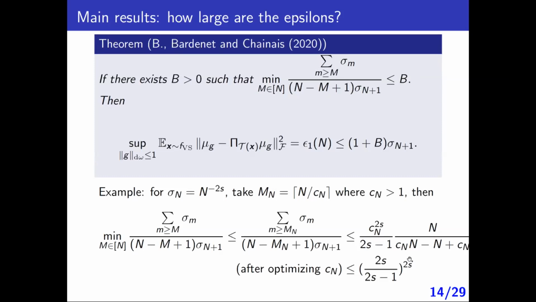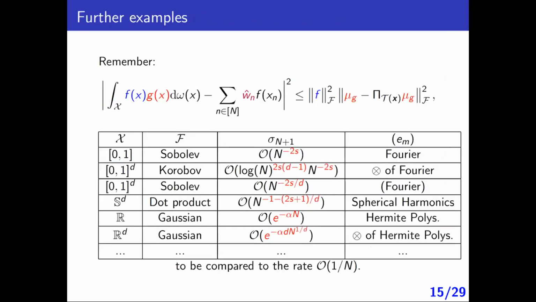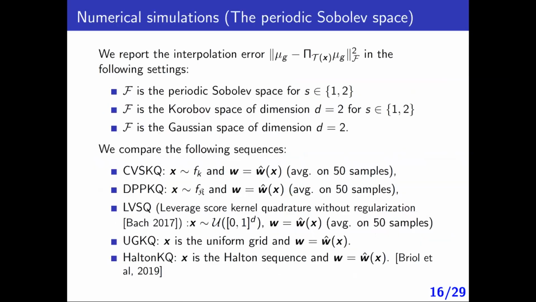So we have a very explicit result in specific cases, and also we can prove it in other settings. This is the main interest behind this kind of result: that we have a universal analysis of kernel quadrature.